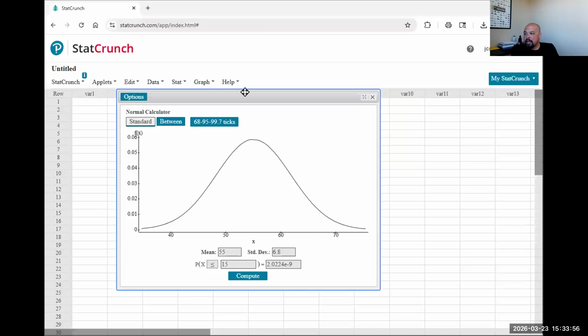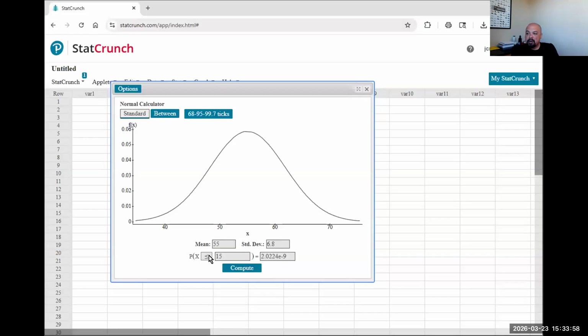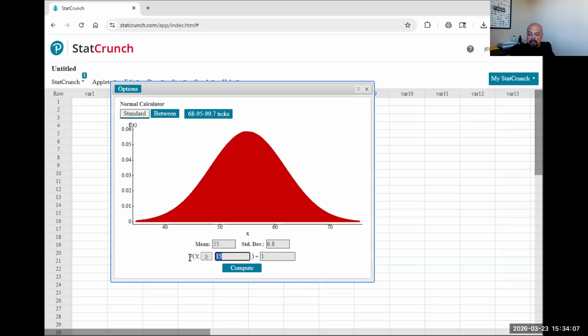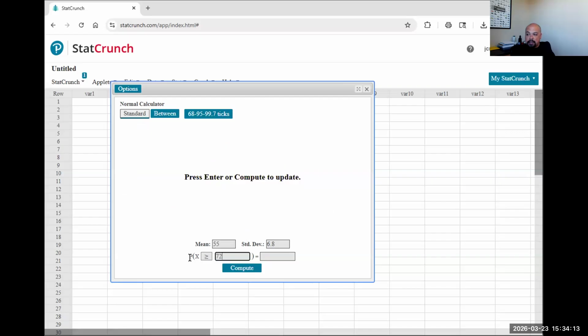Just as we're looking at it, if I want to find the probability that we're greater than, bigger than this amount, to change that direction, so they're reading that word in the problem, if we want to find the probability that this family home produces more than, let's say, 72 pounds of trash, right? We can compute.